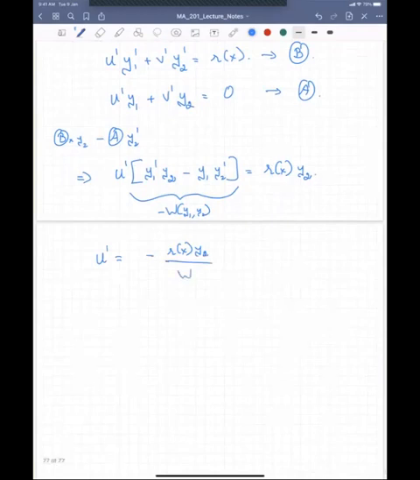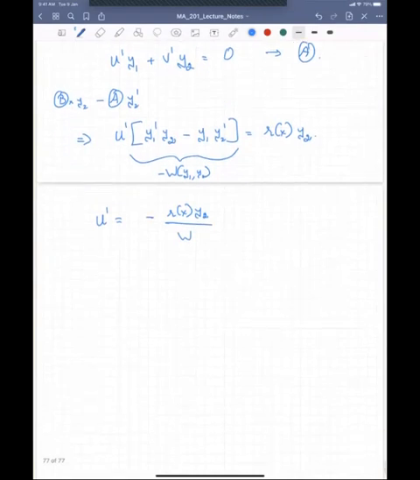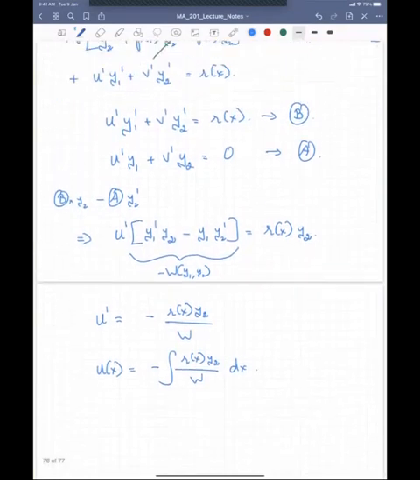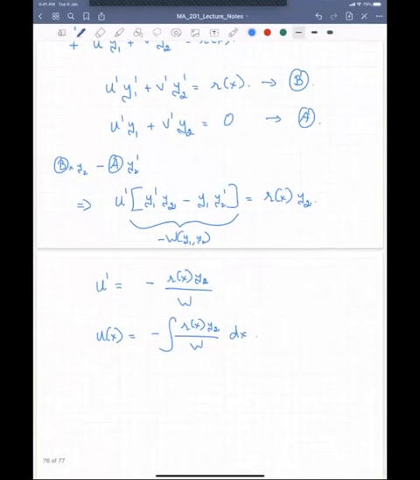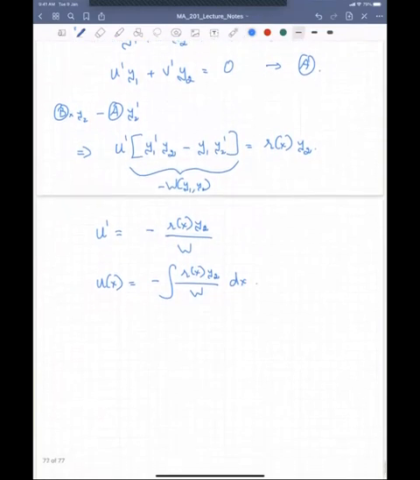And this gives me a very simple way to determine this unknown function u. So u of x would simply be minus the integral of r of x y2 divided by W times dx. And if I multiplied b by, let us say, y1 and a by y1 prime and subtracted, I would be able to get v.